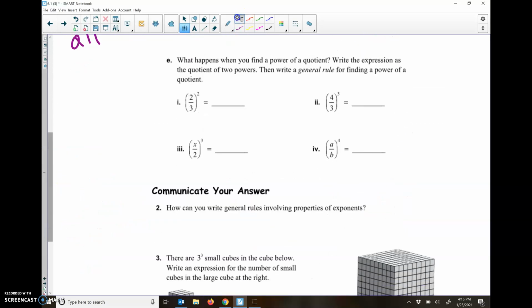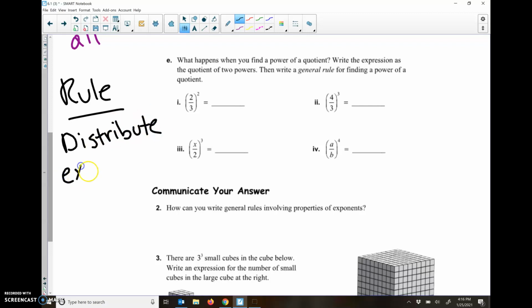Okay, now the last example problem. Okay, same thing. We are going to distribute the exponent to all. So I got 2 over 3, squared. So that means that 2 goes to the 2 on top. That 2 goes to the 3 on bottom.